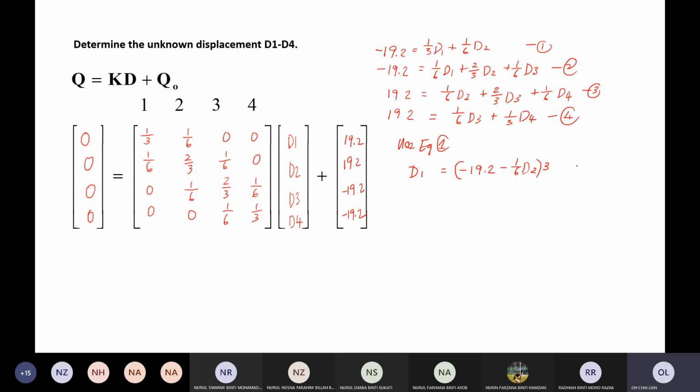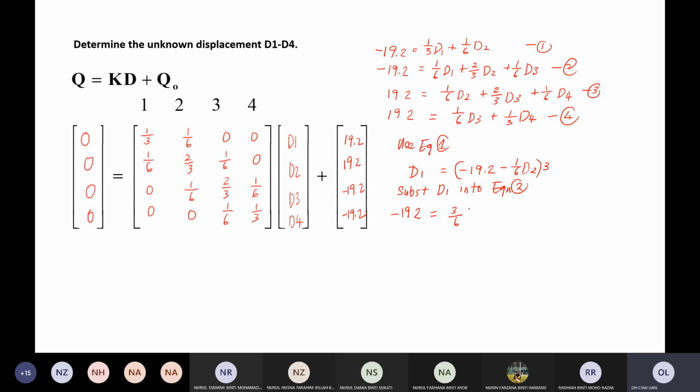Okay, so I will substitute this D1 into equation 2. So it will be negative 19.2 equal to 3/6... Never mind, we will solve it later.